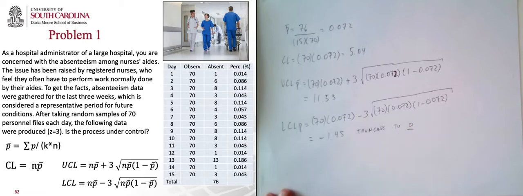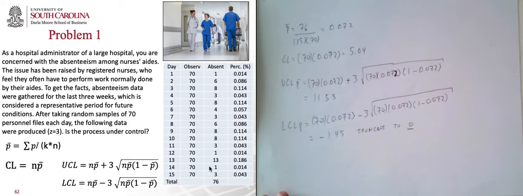So looking at the data here, is the process under control, yes or no? So is any value here, right? We can look at here in the absenteeism. No, there's no value lower than 0, of course, but is there any value greater than 11.53? And you can see, yes, there is, right?